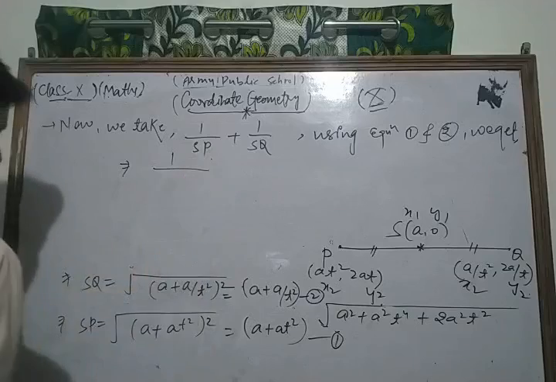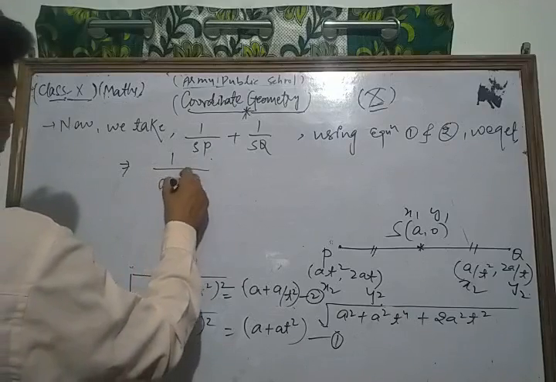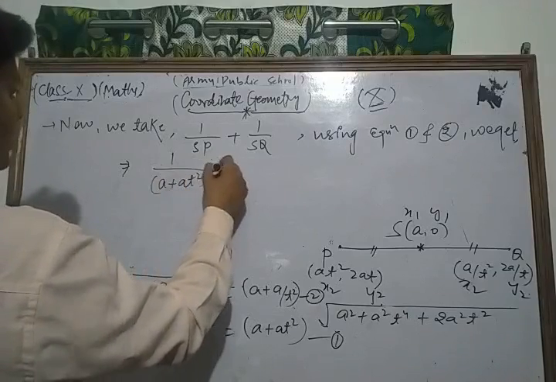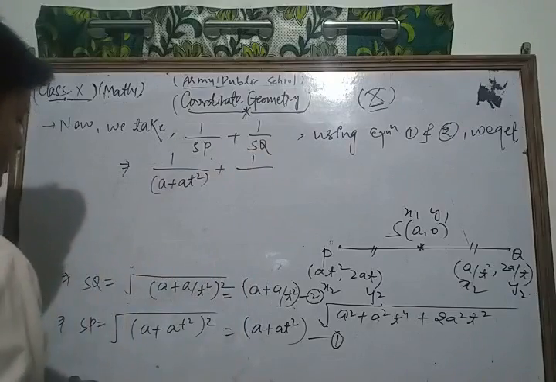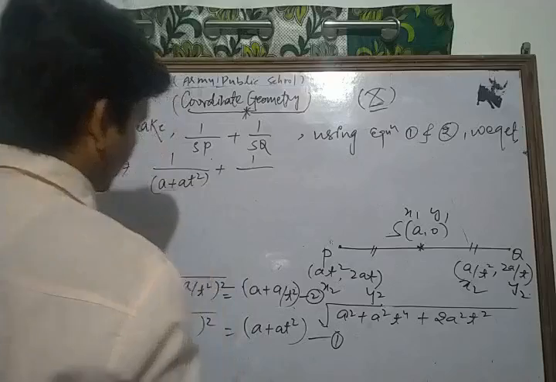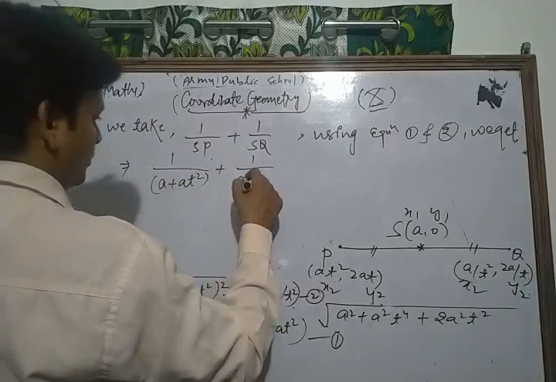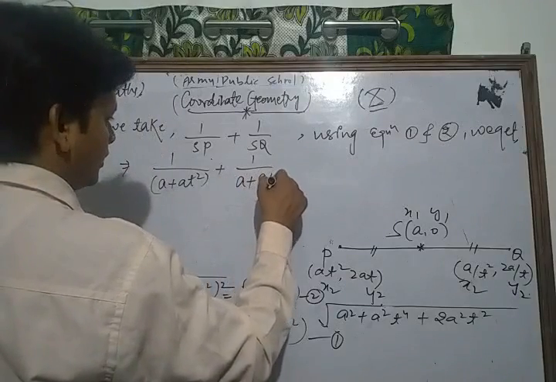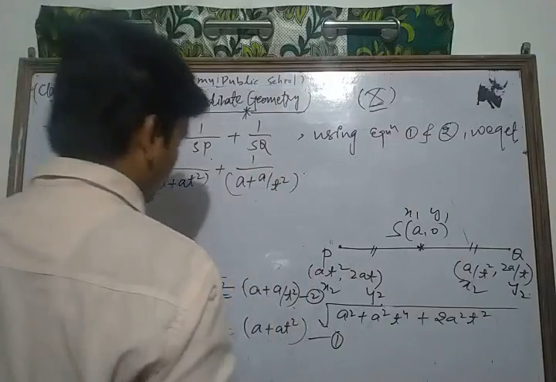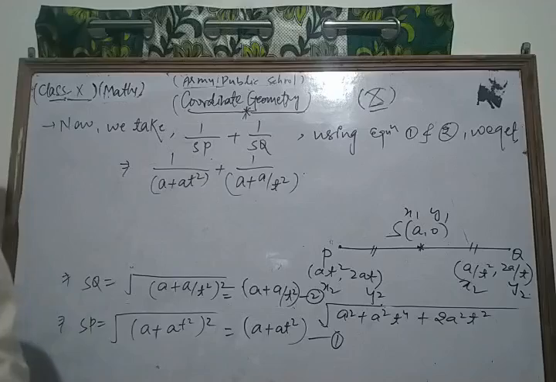So 1 upon SP is 1 upon a plus a t square. The value of SQ is a plus a upon t square. Now we simplify them.